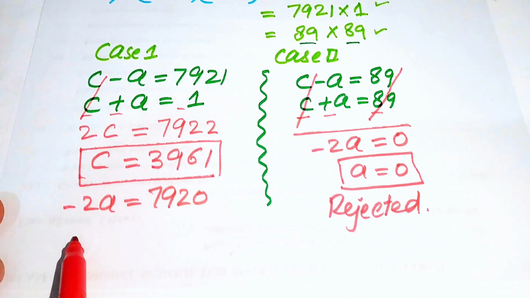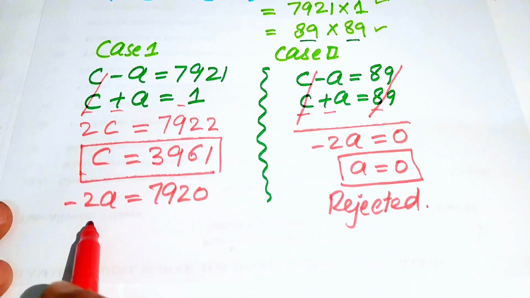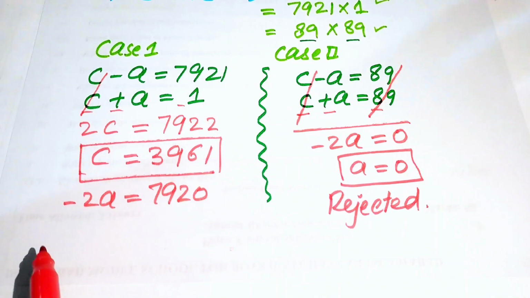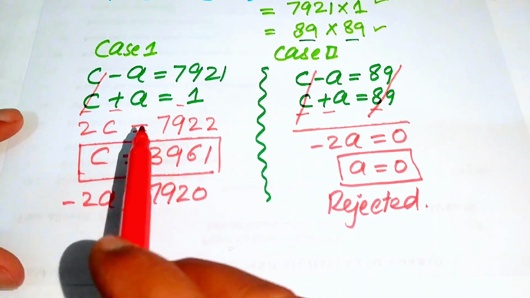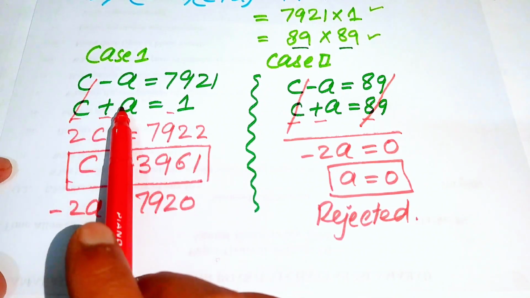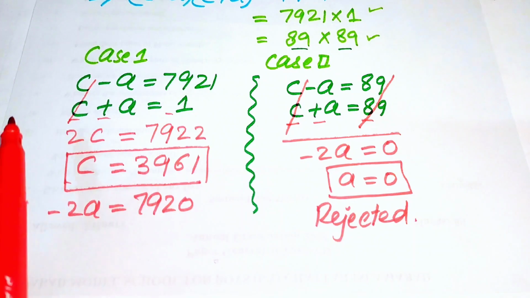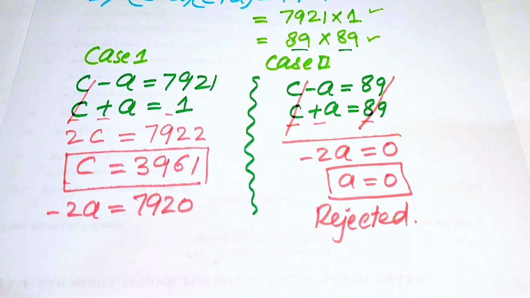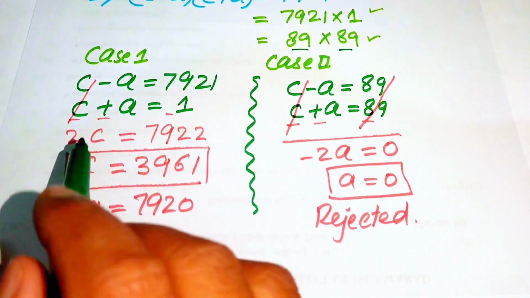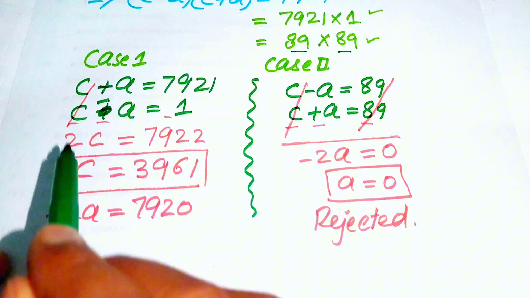And here we just move this minus 2 to the right hand side, so it becomes, sorry, here we have a little mistake. So you see that c minus a is the lesser value, c plus a is the greater value, because c plus a is always greater than c minus a. So we assign the greater value to c plus a. So this is our c plus a, and this is the c minus a.